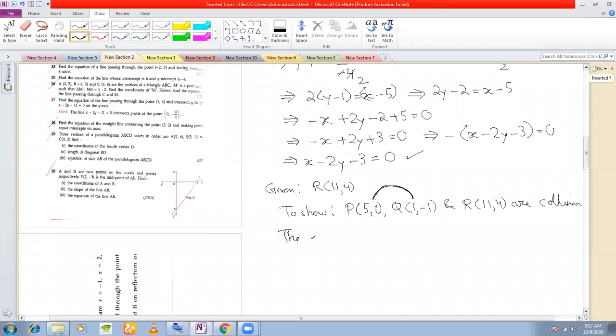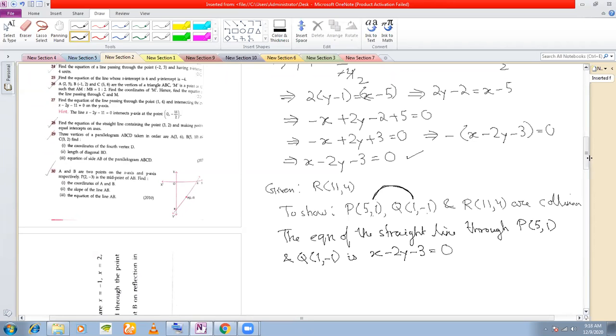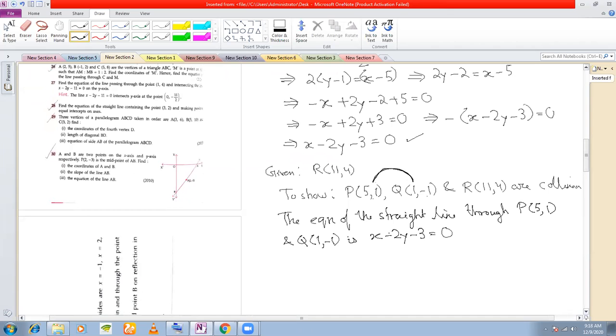The equation of the straight line through P and Q is x minus 2y minus 3 is equal to 0. This is the equation of the straight line passing through P and Q.